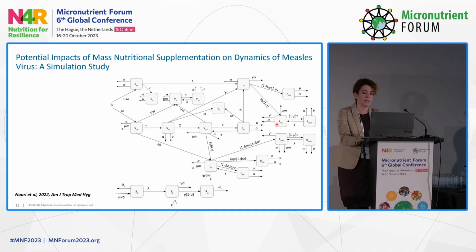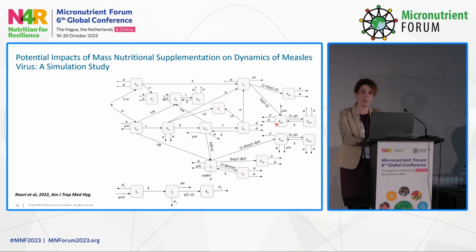So we attempted to quantify these potential health benefits of this synergy by developing a population-level compartmental model of measles transmission for children aged 6 to 23 months, and we stratified them by their nutrition status, wasted versus not wasted. We informed our model assumptions by the intervention that was carried out by Alima, which I mentioned in the previous slide.